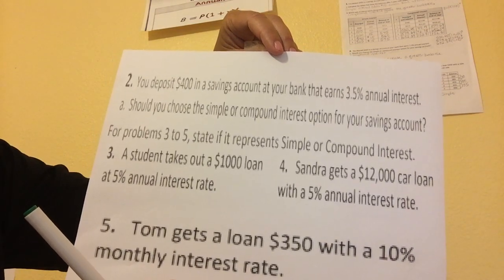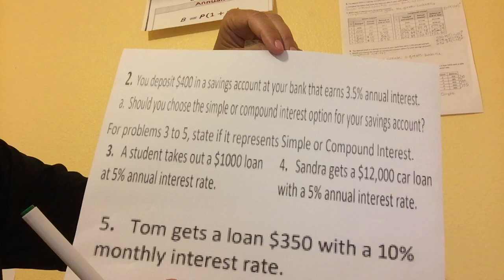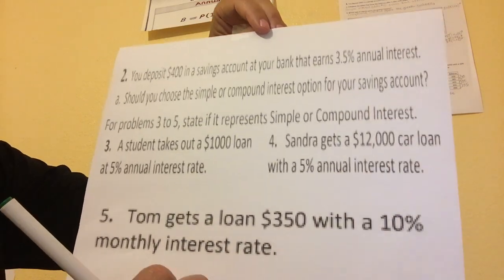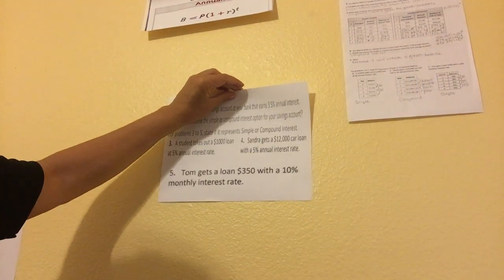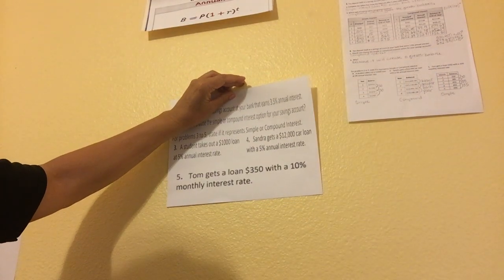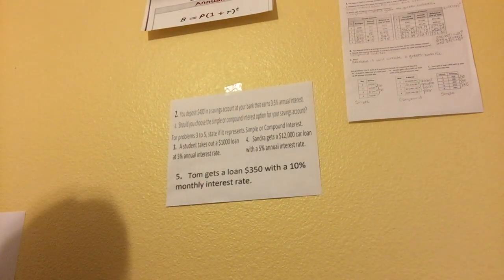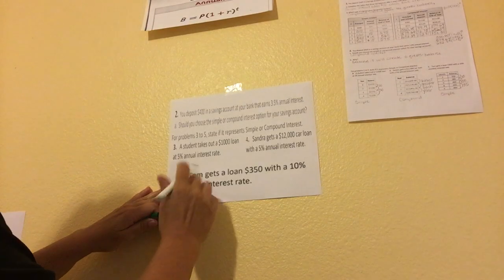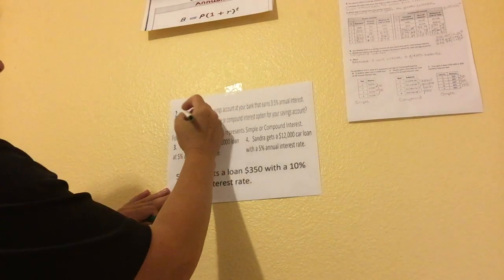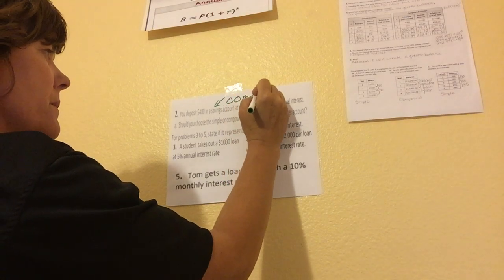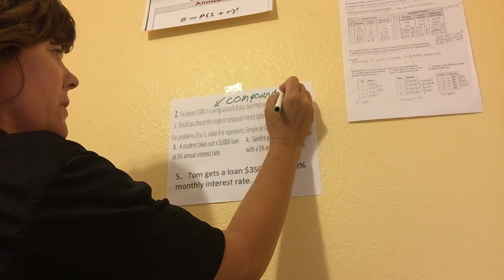Should you choose a simple or compound interest option for your savings account? Okay, so this one's pretty simple. You know that compound interest is always going to give you more money than simple interest. So for number 2, the only thing you need to put is compound interest.